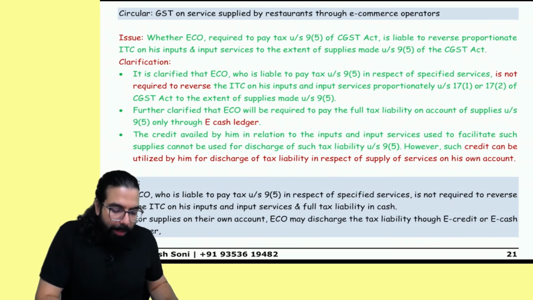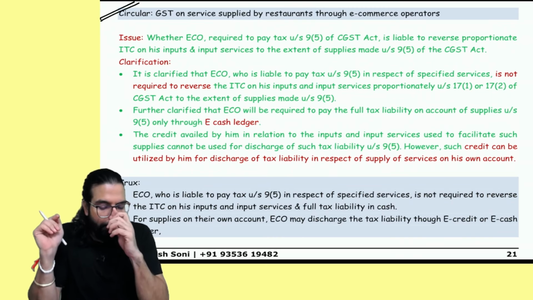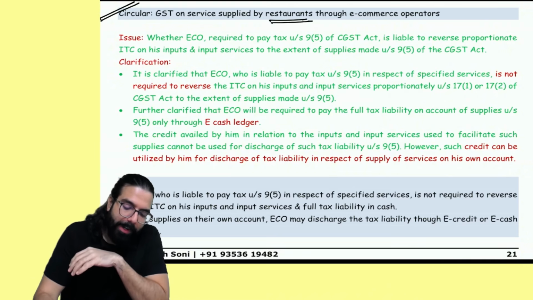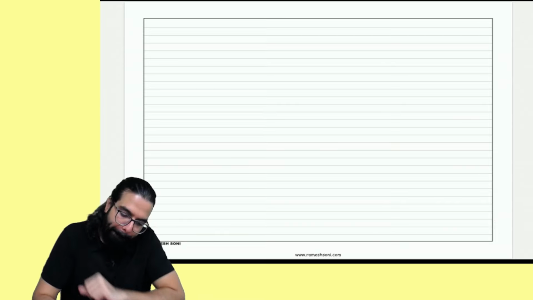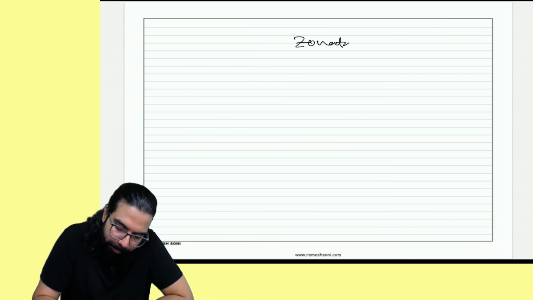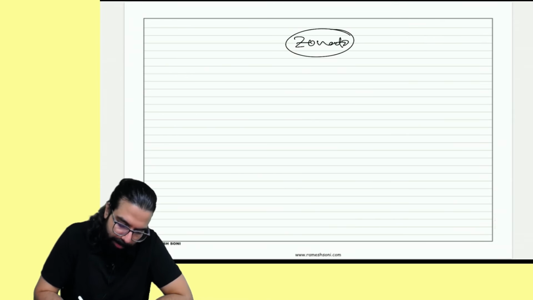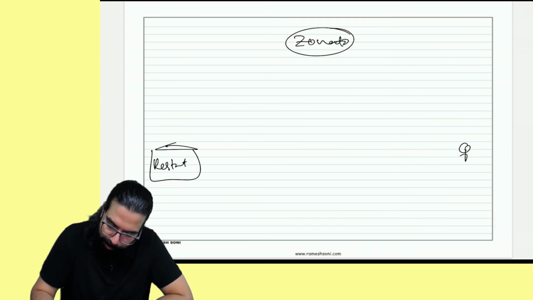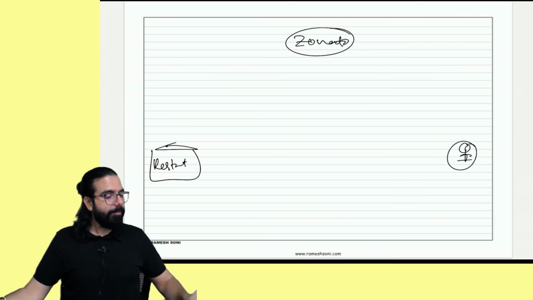Now here, I hope you guys remember in case of e-commerce operator, for an example, Zomato. This is restaurant and this is the customer. Okay?